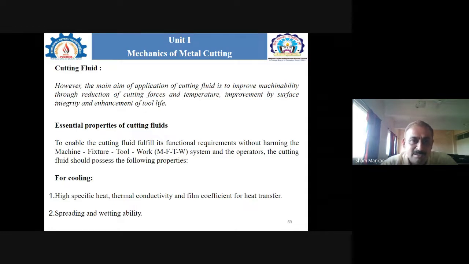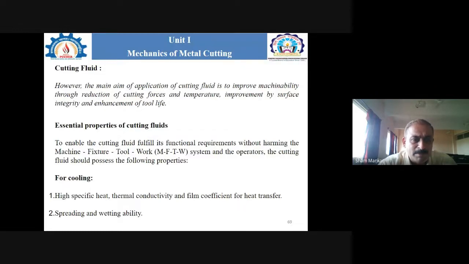Unless the tool material is harder, it is not possible to perform the machining operation. So these finally summarize the functions or purposes for which we are using cutting fluid. That is mentioned here.